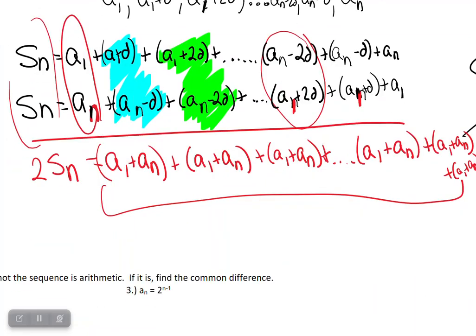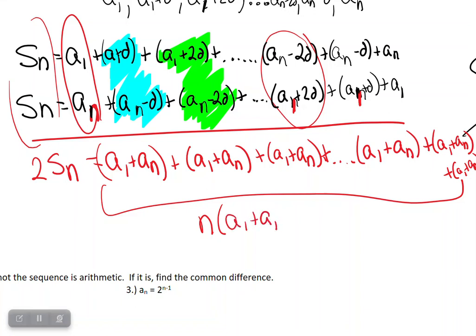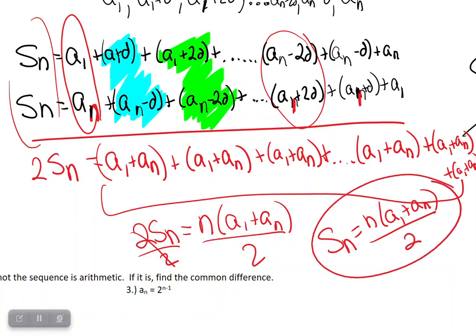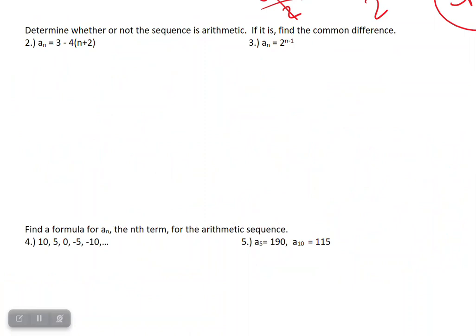How many of those do I have? Well, it depends how many terms I have. So it's really n number of terms times a sub 1 plus a sub n equals 2s sub n. Divided by 2, s sub n equals n times a sub 1 plus a sub n, over 2, which is what our formula is.